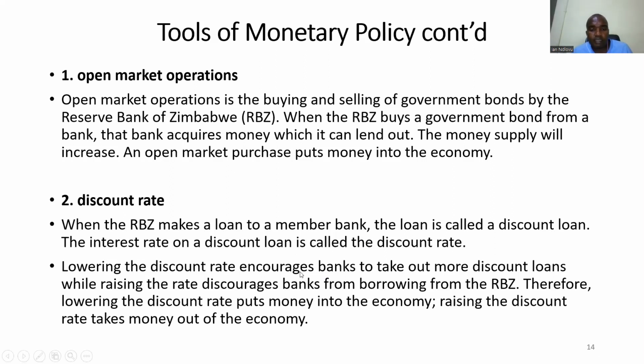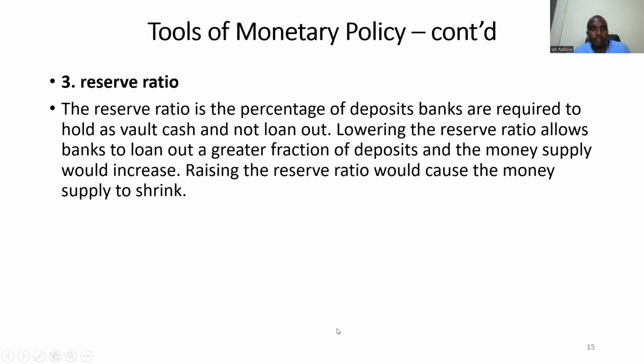So lowering the discount rate encourages banks to take out more discount loans, whilst raising the rate discourages banks from borrowing from the RBZ. Therefore, when this discount rate is lowered, money is injected into the economy. In other words, liquidity is increased in the economy. The raising of the discount rate takes money out of the economy, ceteris paribus.